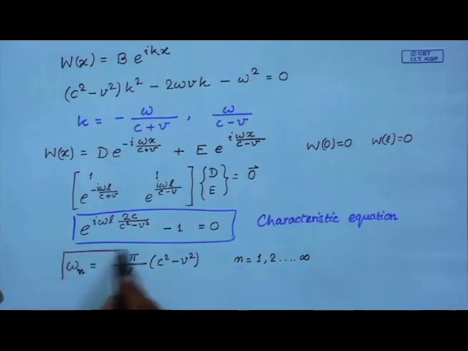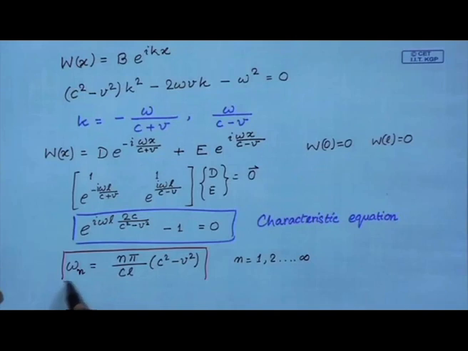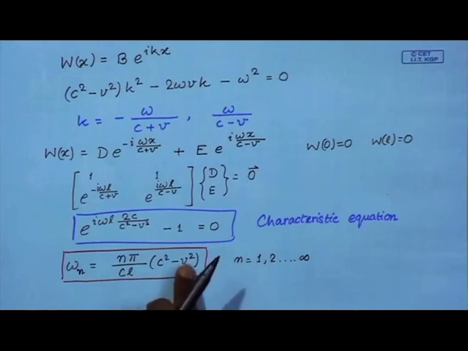So, these are the infinitely many circular natural frequencies of the string. Here you can immediately see that if the translational velocity is 0, then it reduces to the circular natural frequency of a normal string.